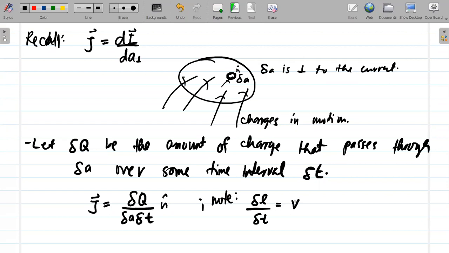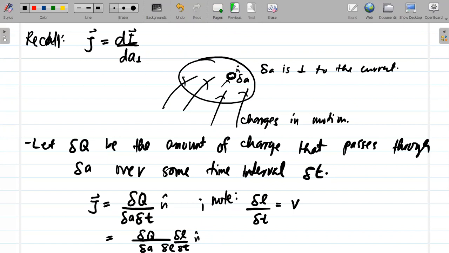V, yung velocity. Etong J natin class, ang gawin natin, let's divide that, delta Q over delta A. Tapos, mag-multiply tayo ng delta L over delta L. Tapos may delta T pa sa baba. Class, ano to? Delta L over delta T, that is the velocity. Next page na nga tayo.